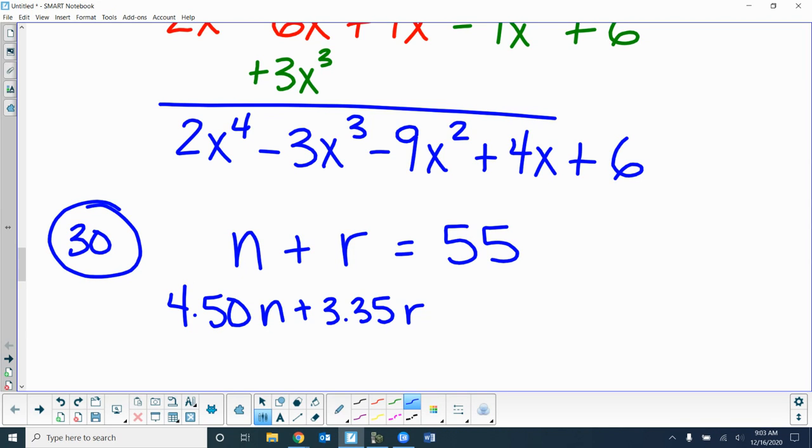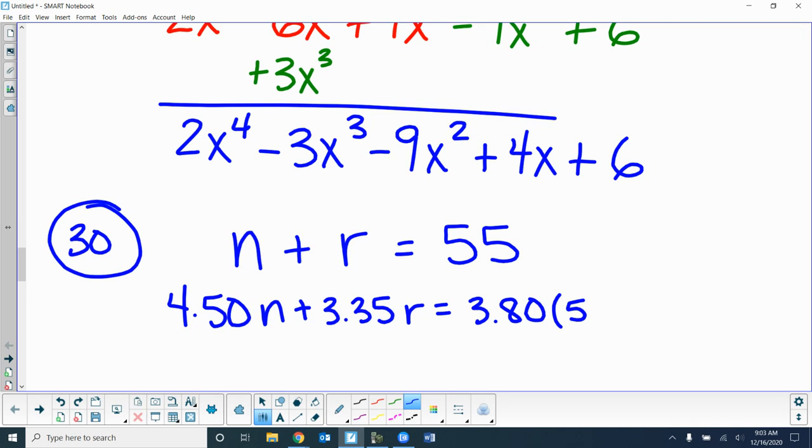What's this mixture gonna cost me? $3.80. Okay, what's it actually gonna cost me since I know how many kilograms there are? I gotta multiply it by the 55.